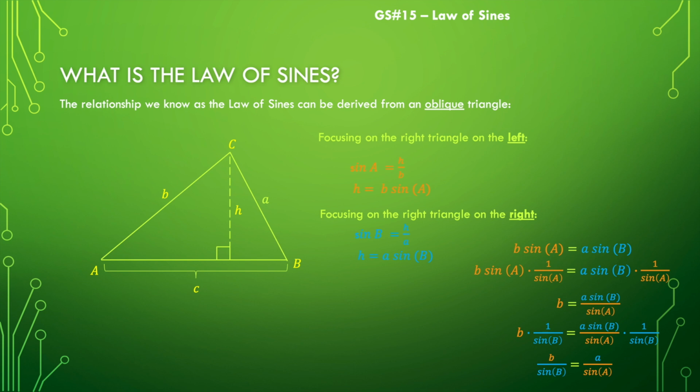If I flip this triangle around and look at it in another orientation, I can get the same relationship there. And that leads us to what is known as the law of sines.